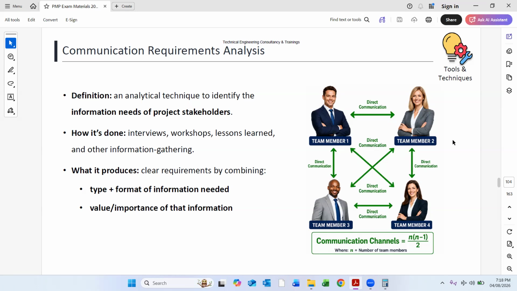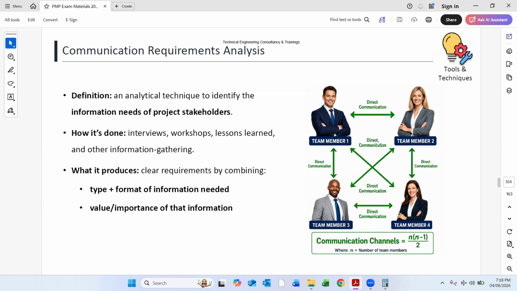So n is the number of team members. If we have 5 team members, what will be our communication channels? Can you calculate? Yes, of course. 10. Yes, so our communication channels should be 10. So team member one, 2, 3, 4.